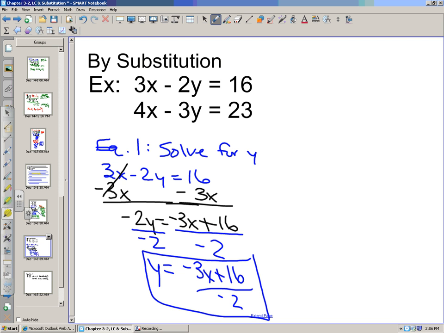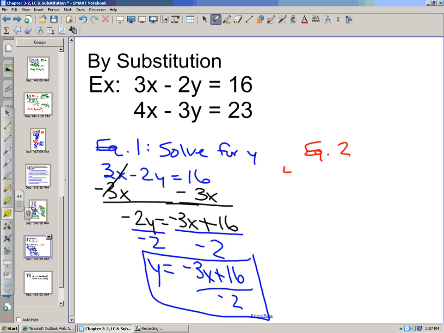Because we'll have a fraction still. Well, because I'm going to show you something here in a moment. Trust me on this. You don't want to separate them. Okay? Now, we've used equation 1. What have we not used?